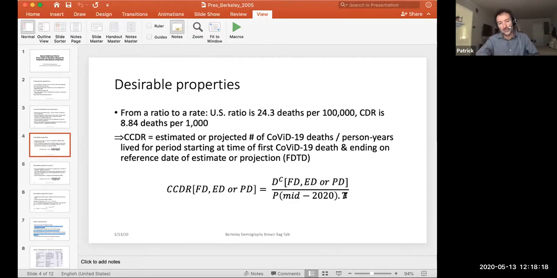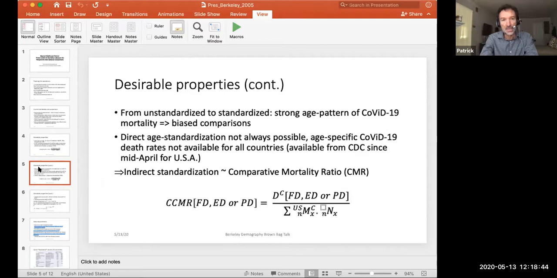So the first thing we do is to add the time dimension here by going through WHO reports to find when the first death was reported in a particular area, and only calculate the crude death rate from COVID mortality from that point up to the present or up to the date of the projections.